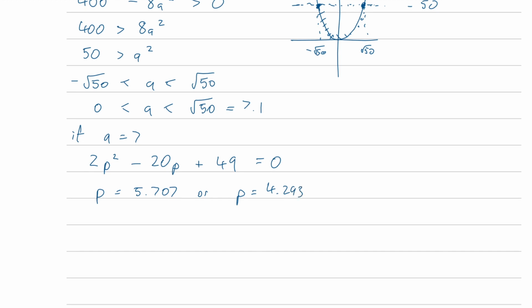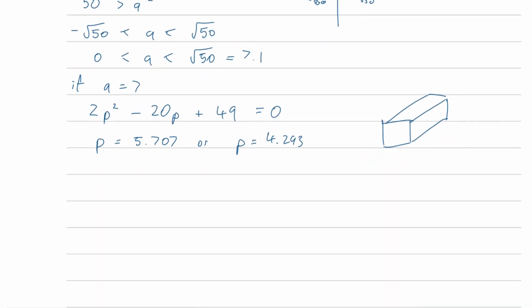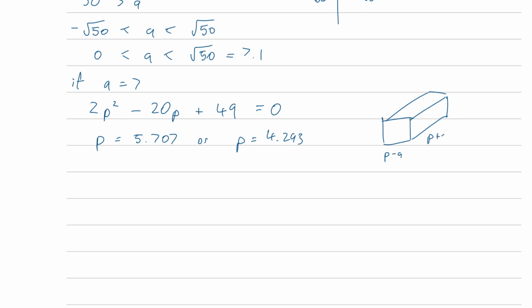Okay, and remember the cuboid, it was p minus a, p plus a, was that. So let's substitute in the values for p and a. So this width here at the front, 5.7 minus 7, so that's a negative value. Or 4.293 minus 7, also a negative value.